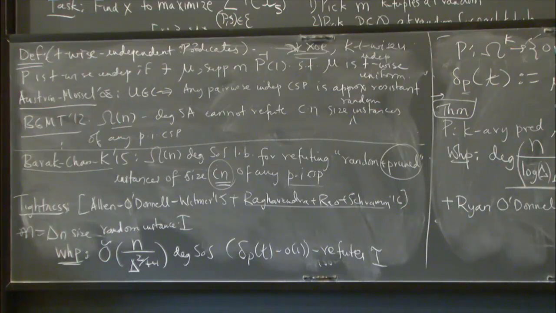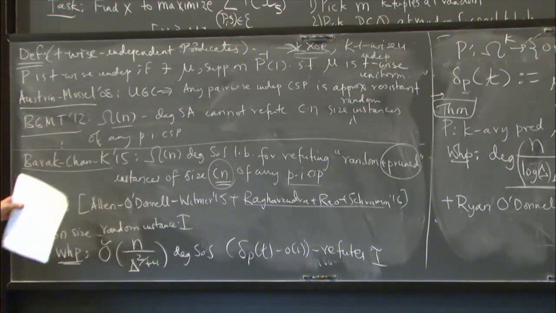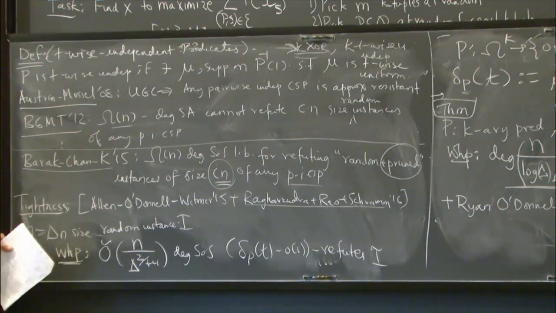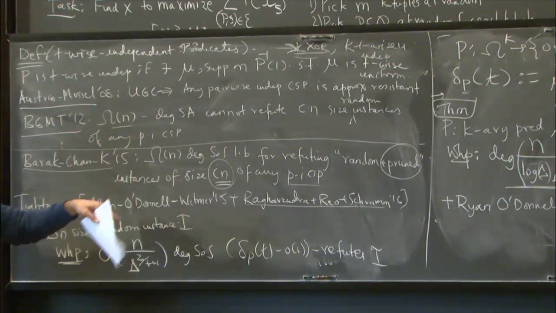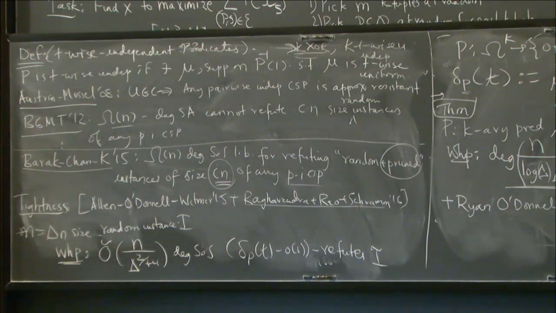So basically precisely the parameters I stated. There are some log factors hidden somewhere, but after those log factors, it completely settles the question of refuting random CSPs.